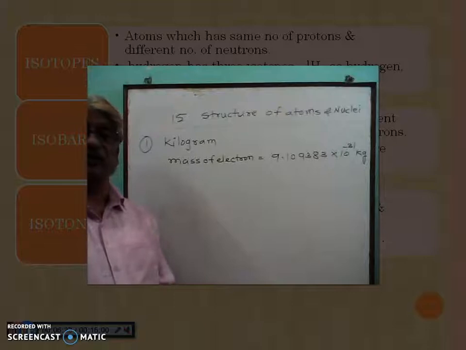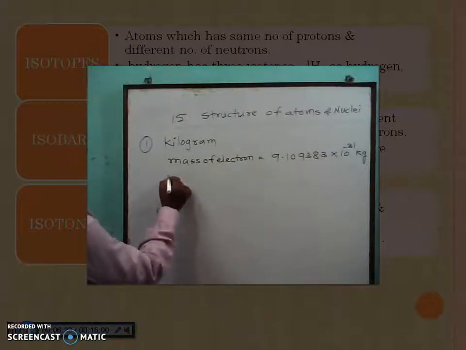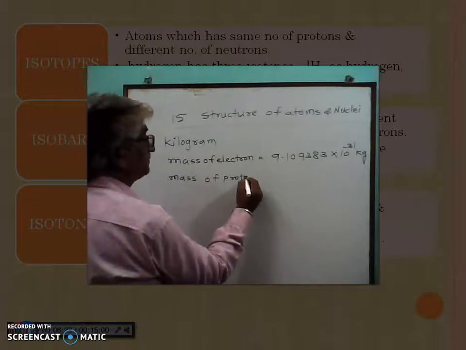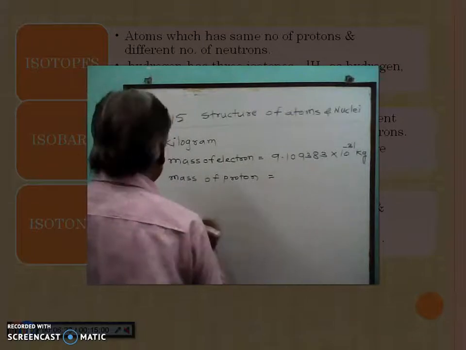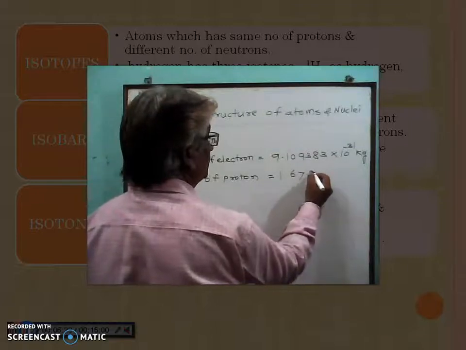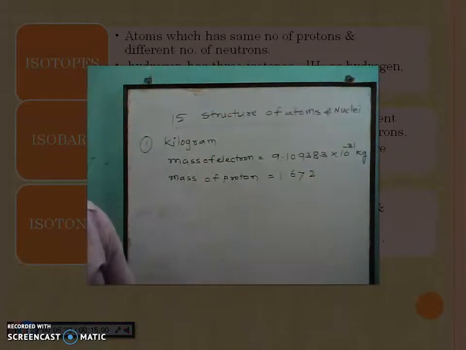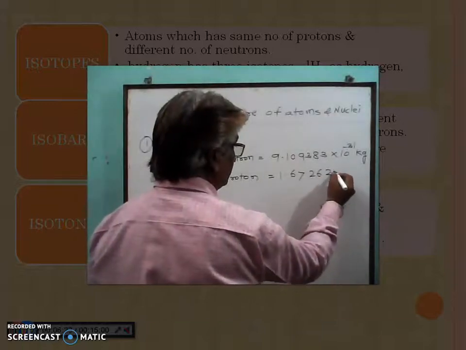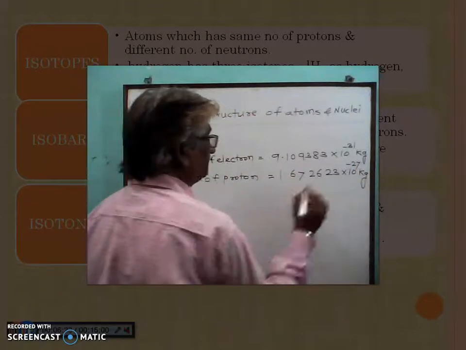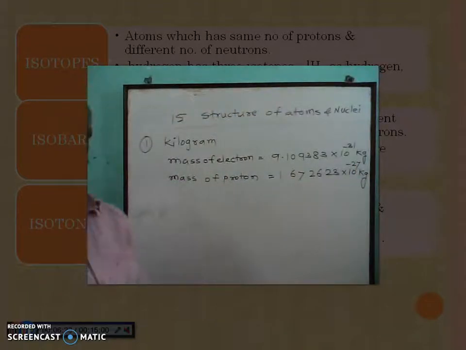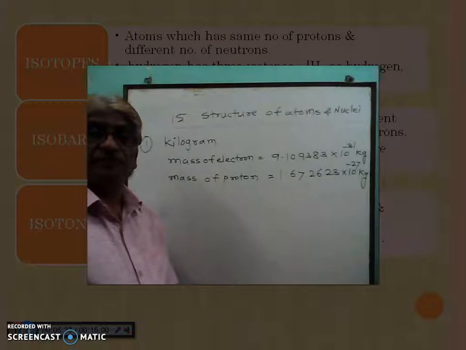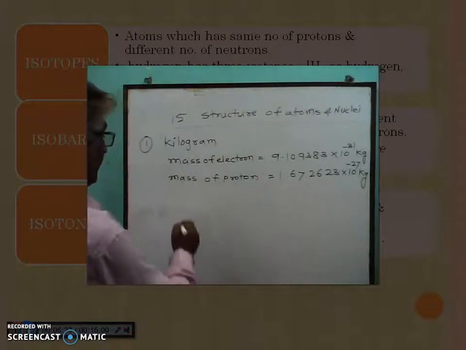Another subatomic particle, the proton: its mass is 1.672623 into 10 to the power minus 27 kg. The third subatomic particle is the neutron.